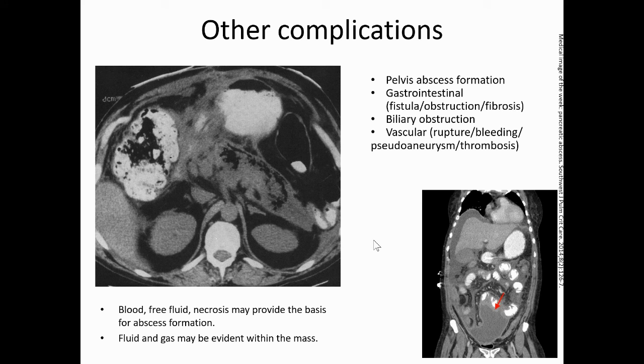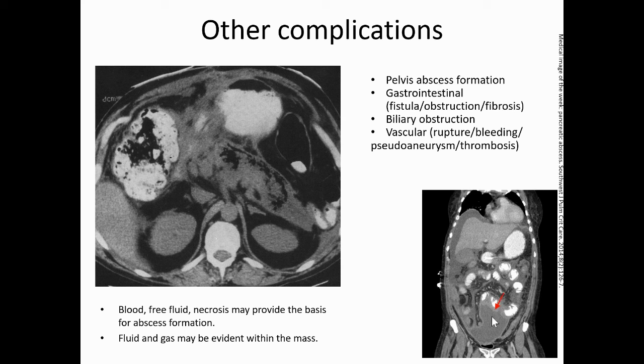Amongst other complications, we might see an abscess formation within a necrotic area that will be suggested by areas of air within the necrotic segment. And let's not forget that the abscess can virtually go anywhere in the abdominal cavity.